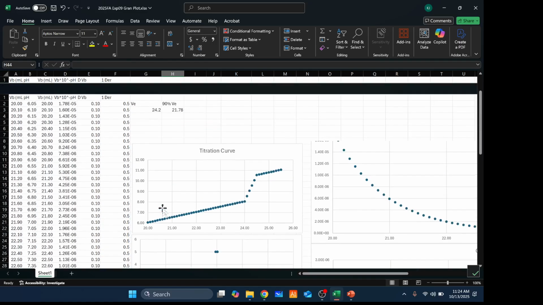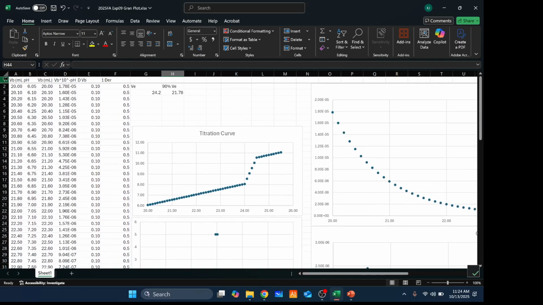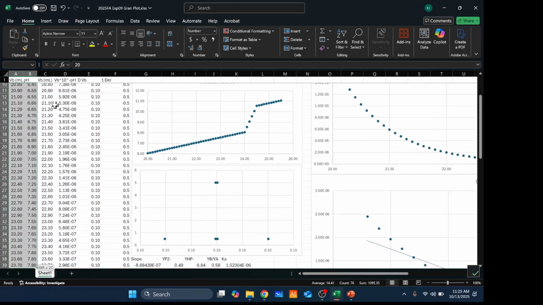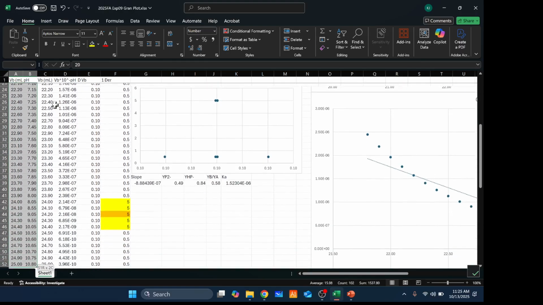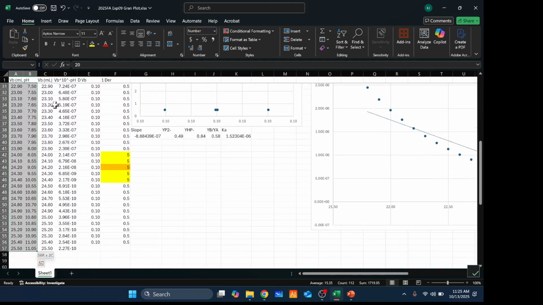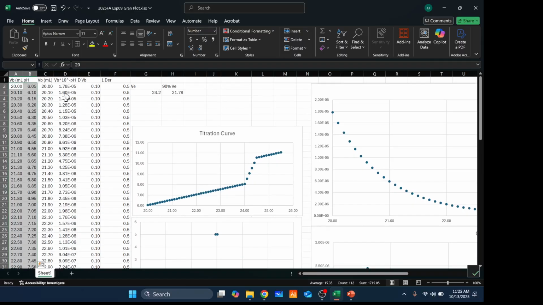Okay, so let's look at what this looks like. So this right here, this is the titration curve. That's just these two values here. How you generate these graphs is you select the two columns you want to use. You can actually go back and fix this, and I'll show you how to fix this in just a second. So I have my two columns I want to use. The first one's X, second one's Y. Okay?